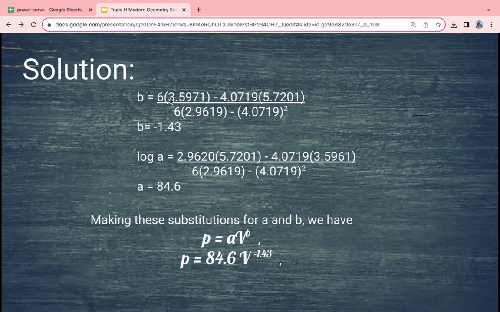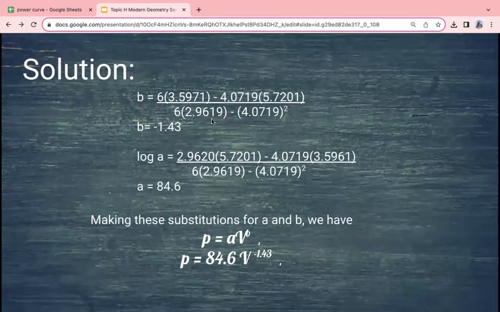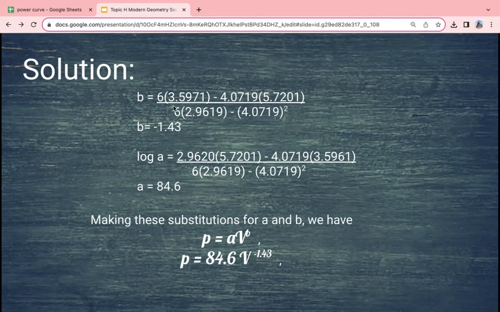So we have 6 times 3.5971 minus 4.0719 times 5.7201 all over 6 times 2.9619 minus the square of 4.0719, and it will give us a value of negative 1.43. And then now we already have the value of b.